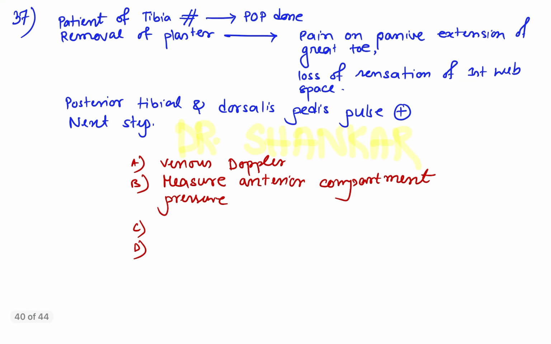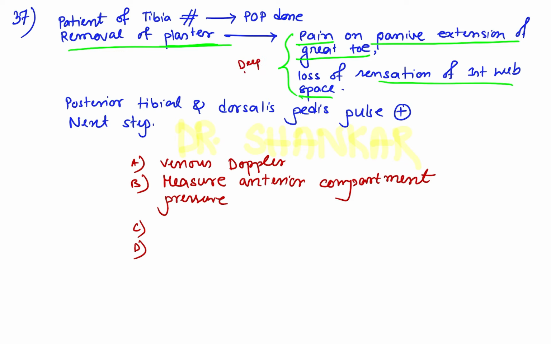Next, question number 37. This was also a clinical scenario based question. Patient with tibia fracture, plaster done. After removal of plaster, the patient is complaining of pain. There is pain on passive extension of great toe and there is loss of sensation of the first web space. So there is compression of the deep peroneal nerve.